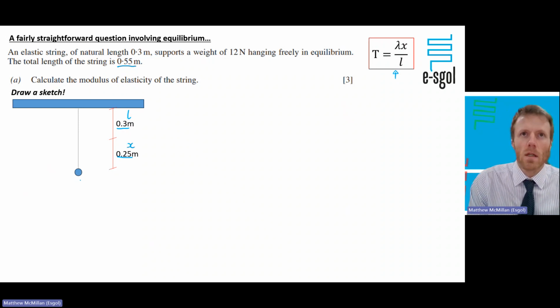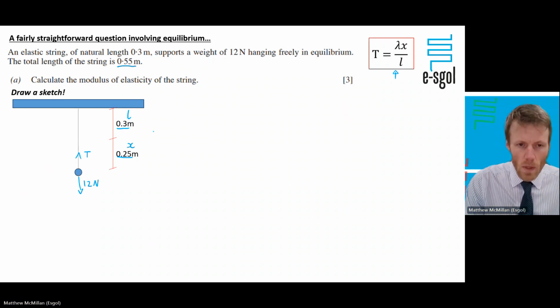There's a couple of things that I would usually add on to a diagram like this. I might add on the weight. So the weight here is 12 newtons, and then equal and opposite to that, you might have some kind of tension. Usually we will be doing two things. We'll be applying Hooke's law, and we might also be resolving the forces.